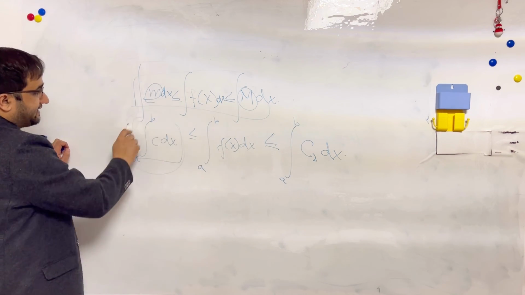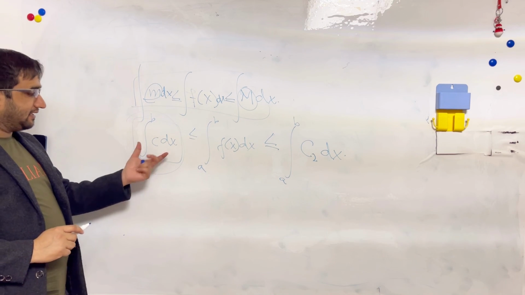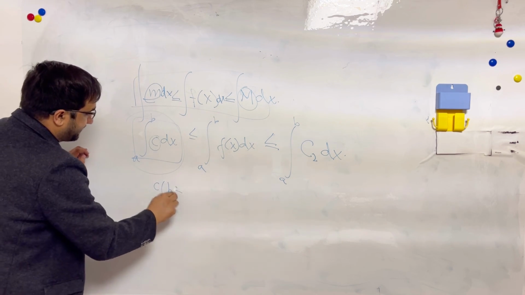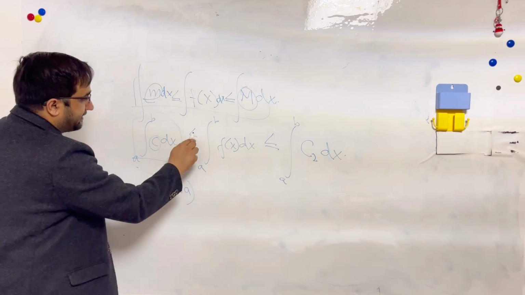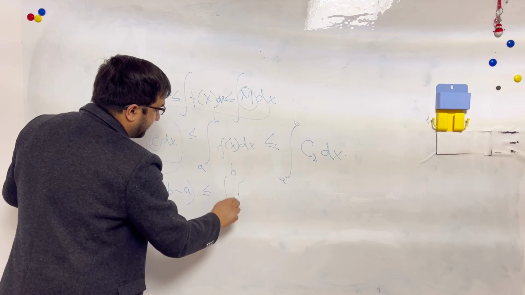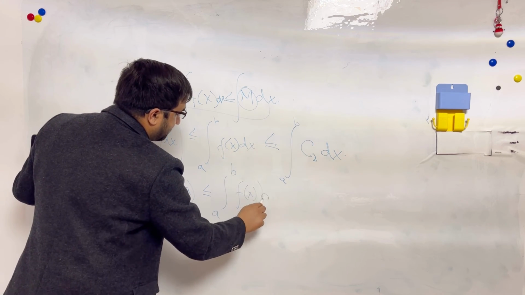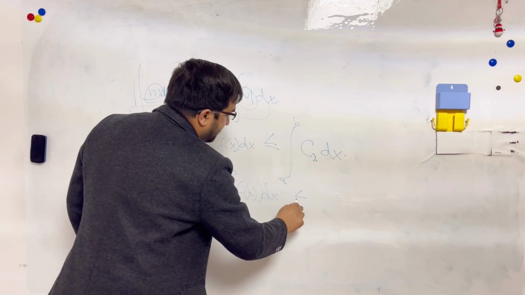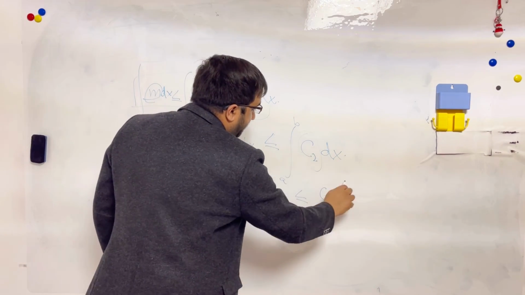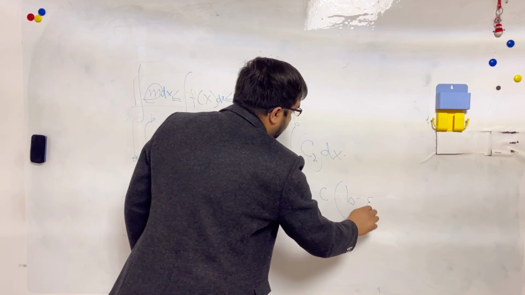The formula says if you have this kind of integral, then it will be this constant into the upper limit minus the lower limit. This is less than or equal to this, which I don't know, so it will remain like this. And this is less than or equal to the same formula, this constant c into the upper limit minus the lower limit.